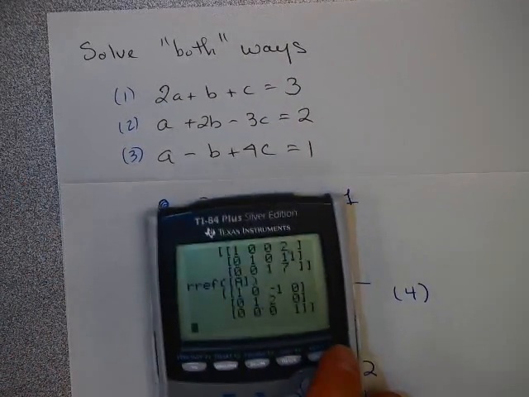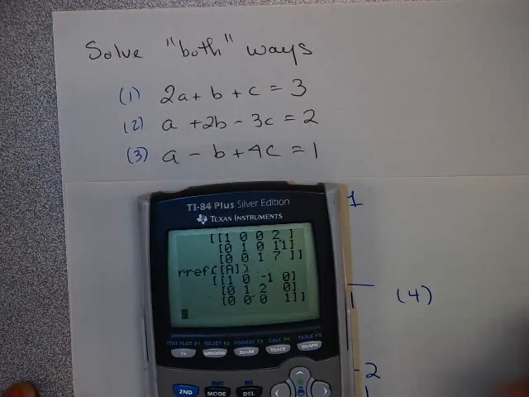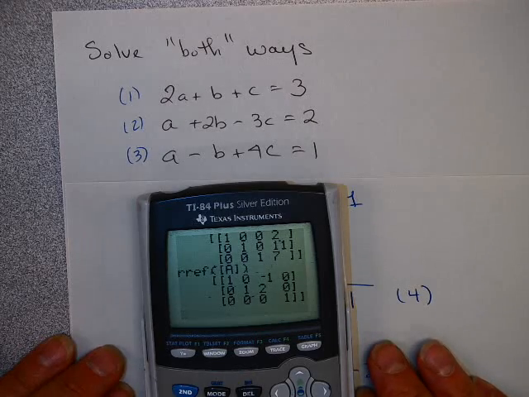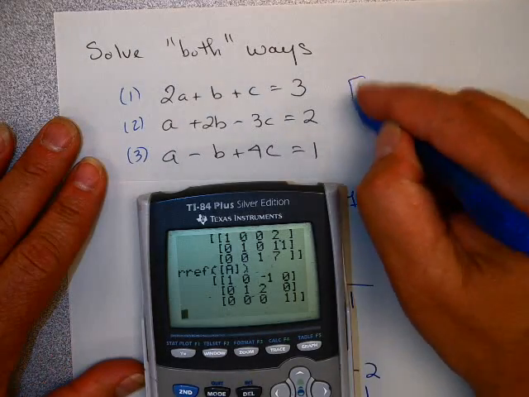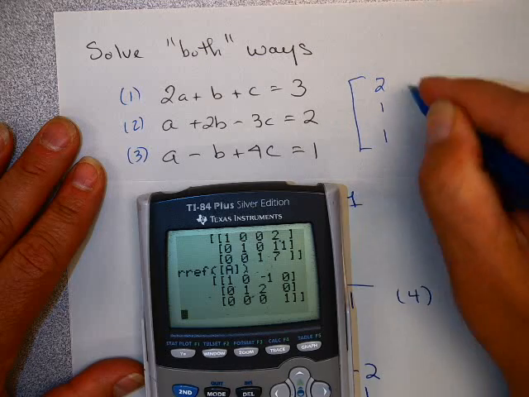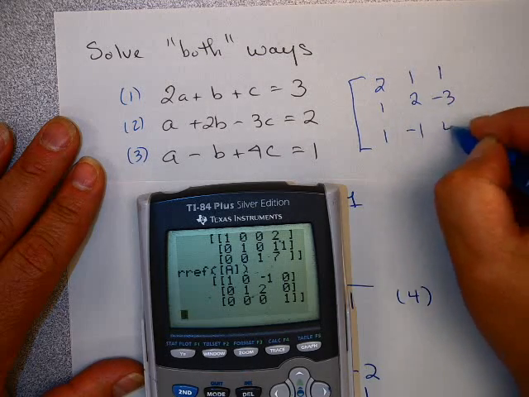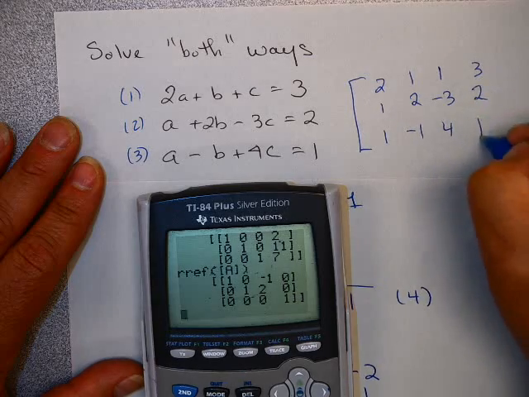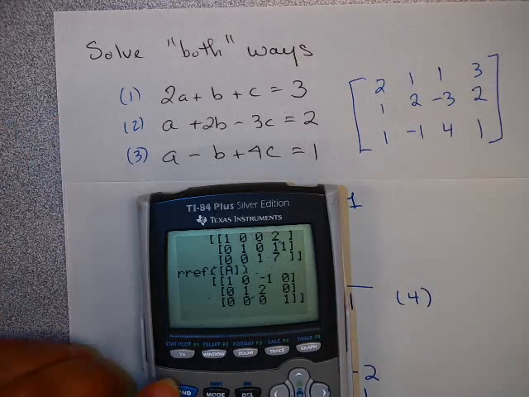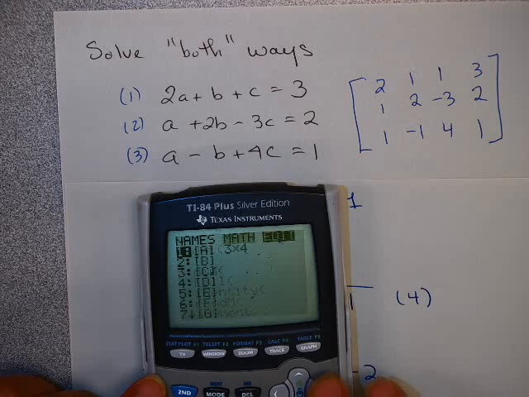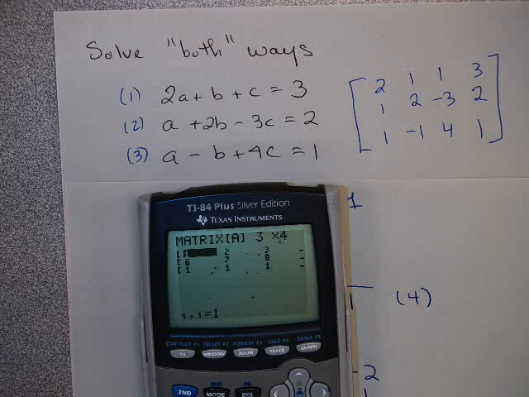I'm going to go back to my original problem, and I'm going to do that on my calculator. So you remember how to do your augmented matrix, hopefully. This is 2, 1, 1, 1, 2, negative 1, 1, negative 3, 4, 3, 2, 1. I'll give you a moment to do this.